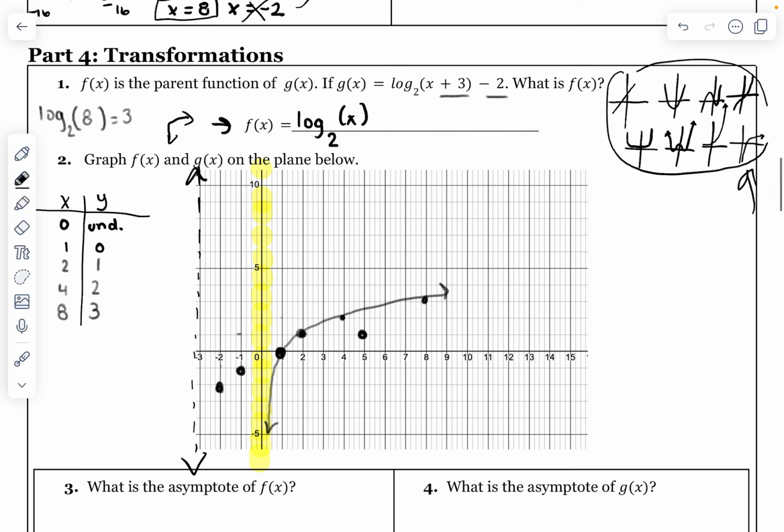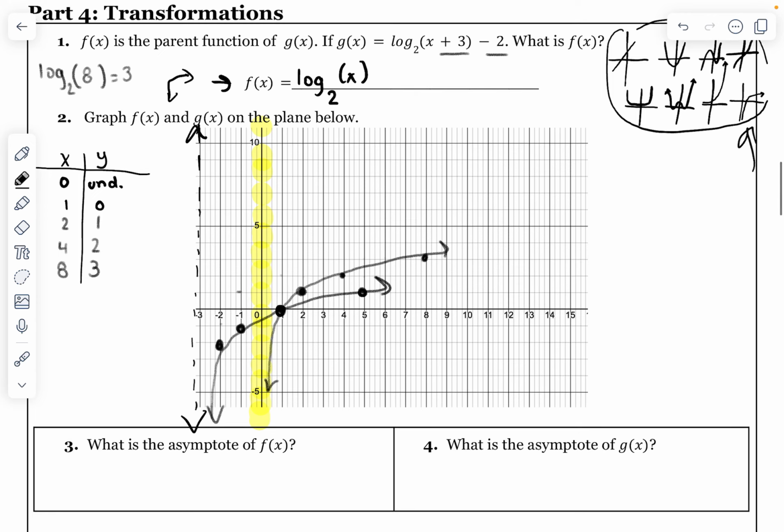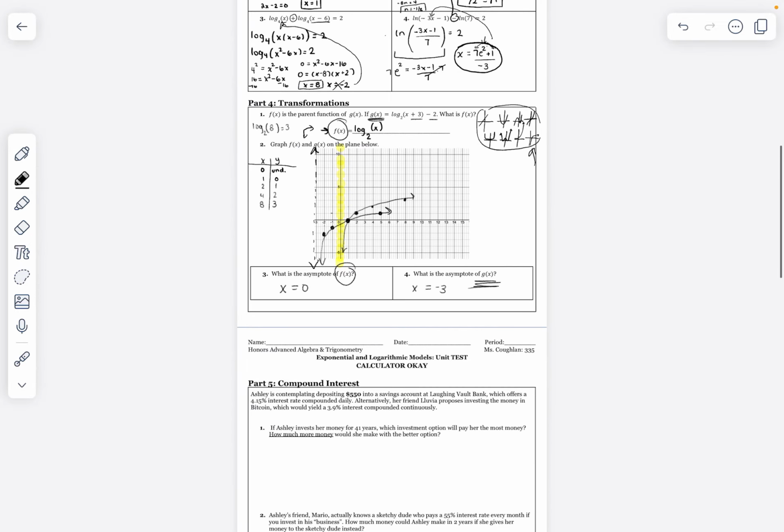So all in all, when you graph your new function, it will look like this. And then you would write the asymptotes: x equals 0 and x equals -3. And be careful to make sure that you understand that this is the parent function and this is the transformed function. Okay?